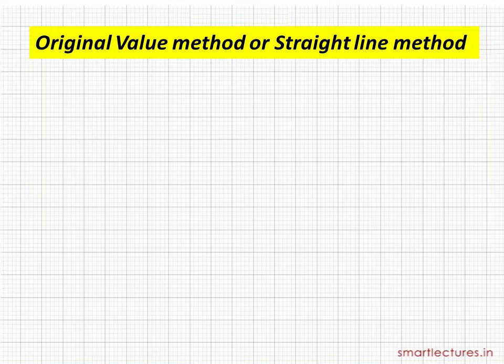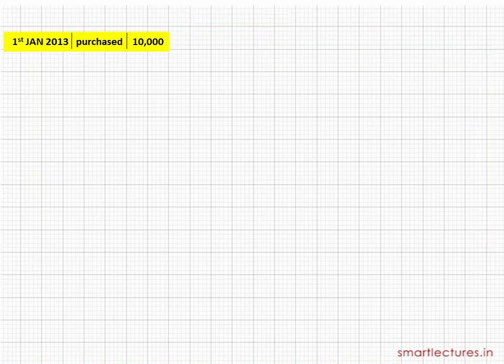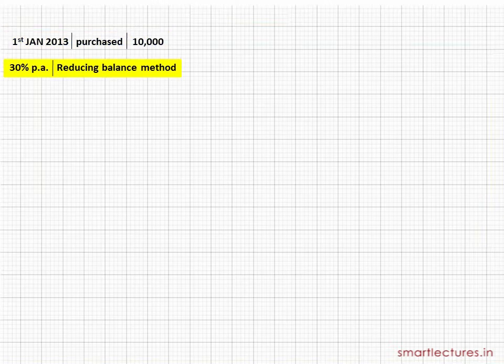There is one more option, one more method of providing depreciation. Suppose this is the question. 1st January 2013, machinery purchased, 10,000. In the next line, 30% per annum, reducing balance method. In the next line, 31st December each year.